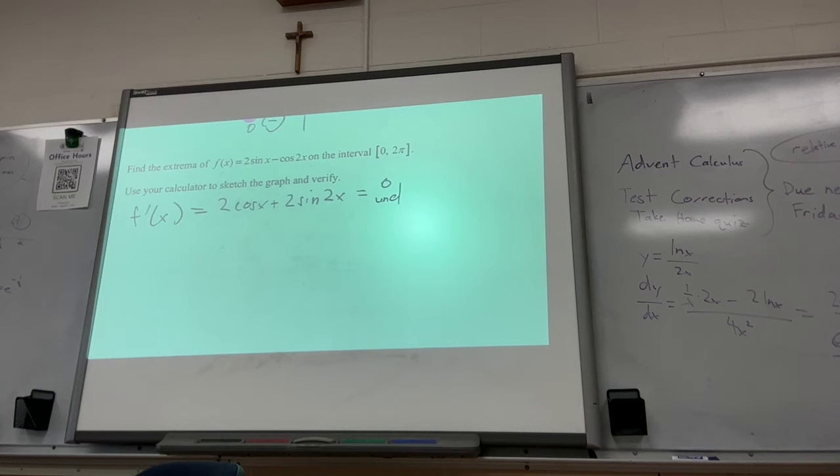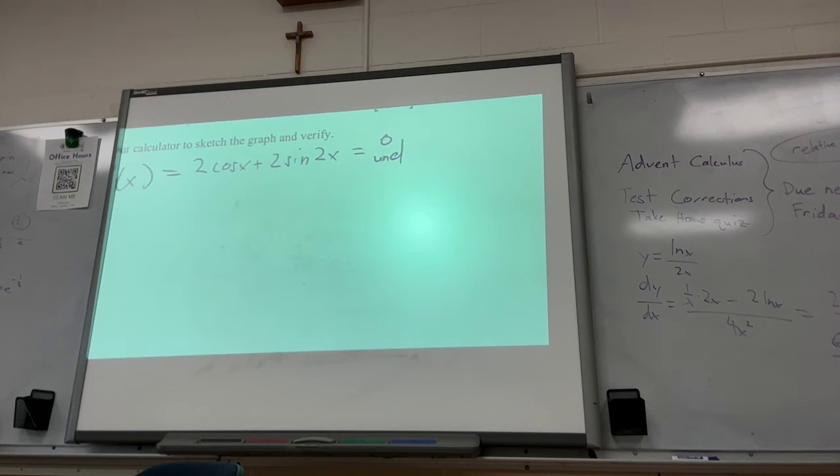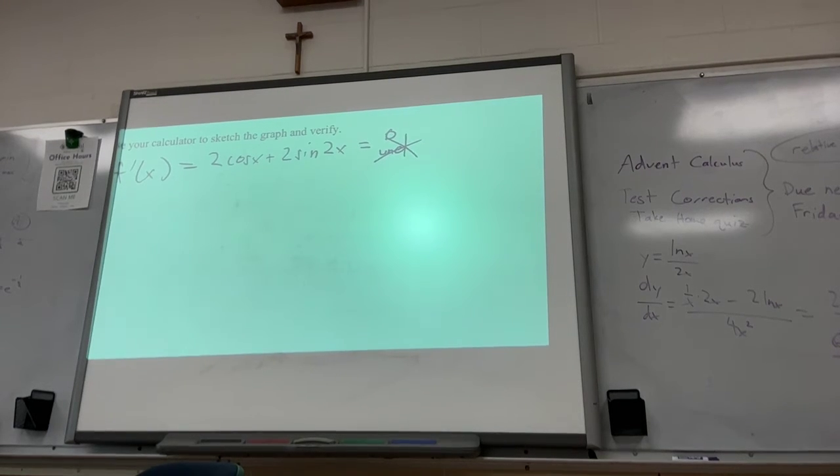I don't think you can solve this without a calculator. So it's never undefined, but we have to solve 2 cosine x plus 2 sine 2x equals 0 with our calculator.